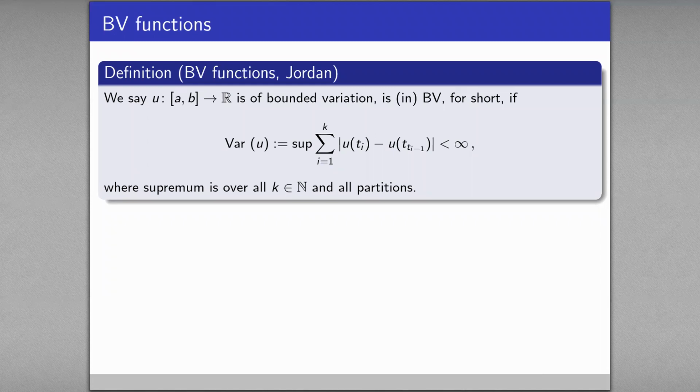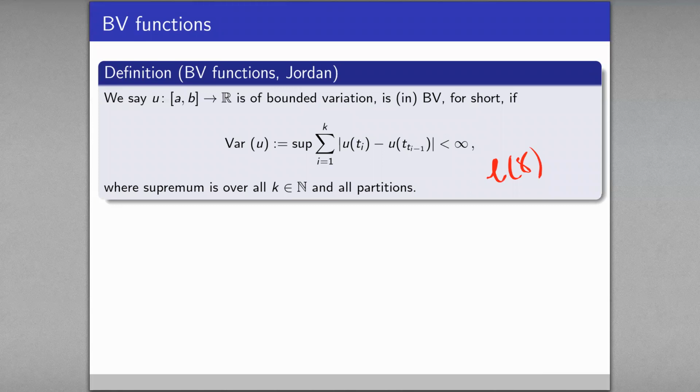Another class of functions that are important is the class of so-called bounded variation functions, or BV functions for short. So again, for a real valued function u, we define the variation of u through this summation over all finite partitions of the domain. This, of course, is familiar because this is exactly the same definition we used for the length of gamma.